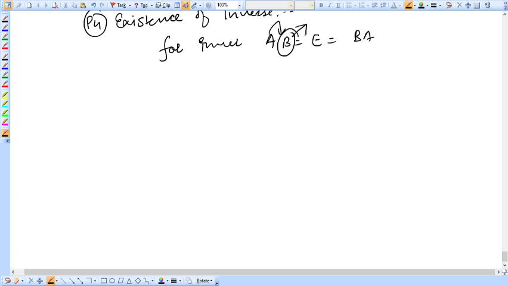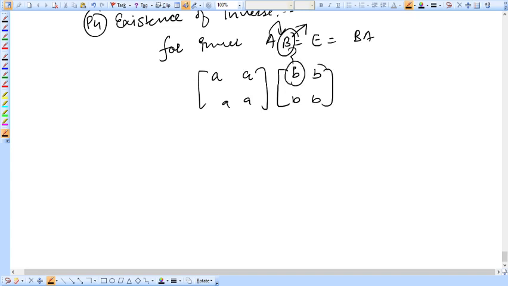Let us check whether or not an inverse exists in this case. So see here, A is the matrix with all entries A, and B, assume that it is B. We want to find out this matrix. For the time being, let us take this as B, and it must be equal to E, right?